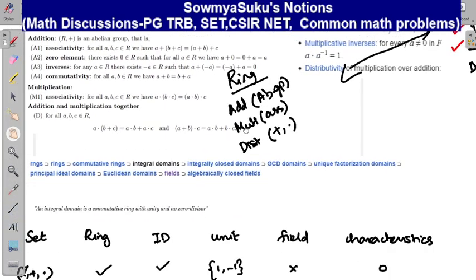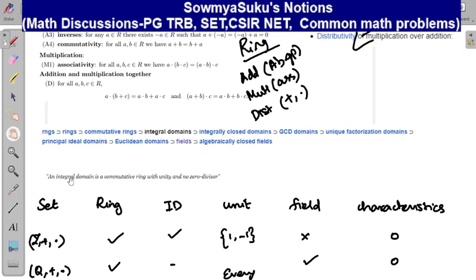And next you can see integral domain. The integral domain means it is a commutative ring with unity and no zero divisors. So for the integral domain, you need to check three properties. First, is it a commutative ring? The second, it has unity, and the third, it has no zero divisors.